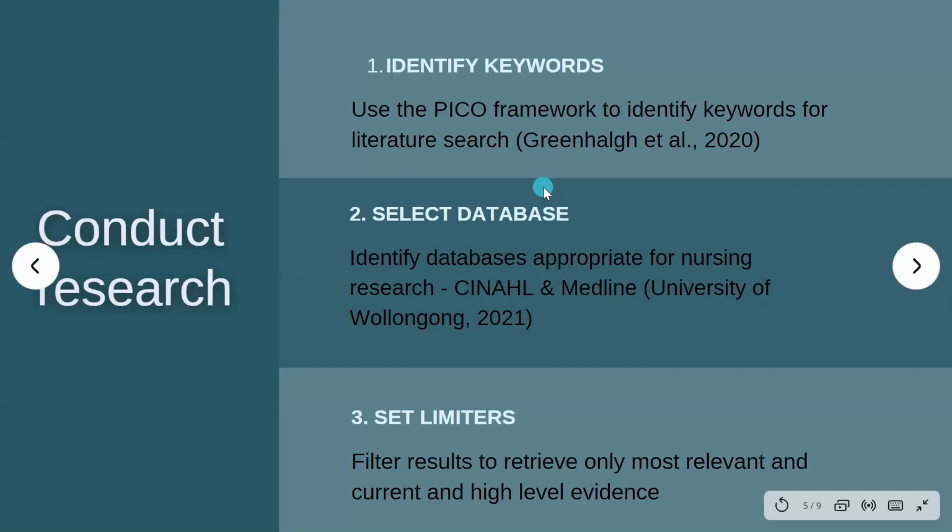Alrighty, so to conduct this research, I'm going to identify the keywords. I'm going to do that with the PICO framework, which will help me with my literature search. I then need to select a database. I'm going to use CINAHL and Medline because they're identified as appropriate for nursing research, as they're the journals that they subscribe to and collate.